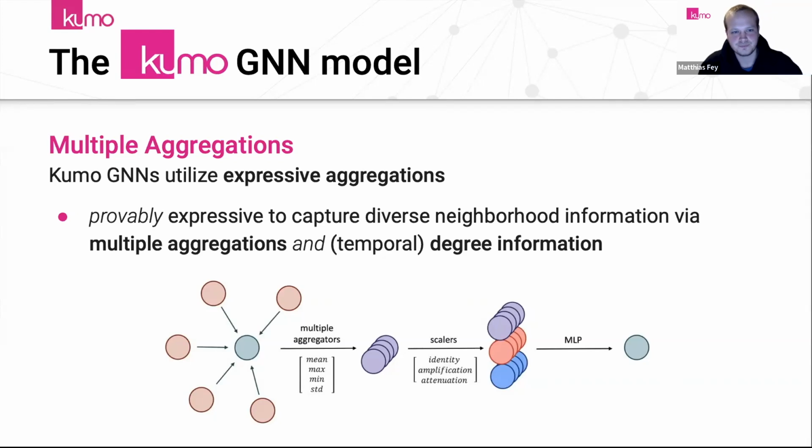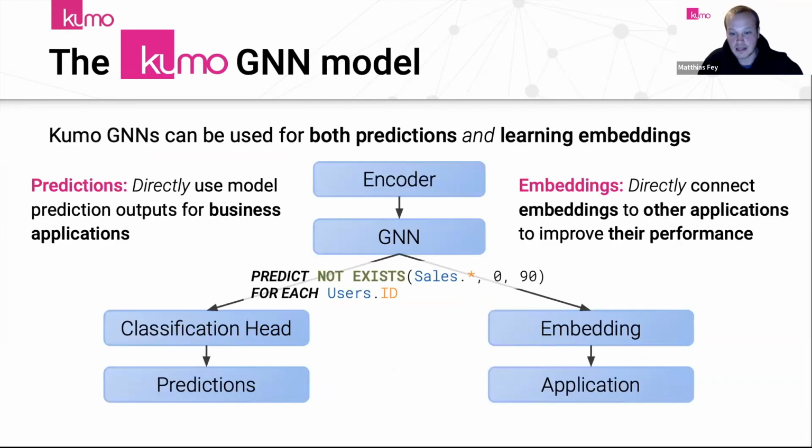And the last thing I want to point out in our Kumo GNN pipeline is the usage of model heads. So we have our encoders and GNNs, and these GNNs produce embeddings or representations of nodes that we want to make a prediction for.